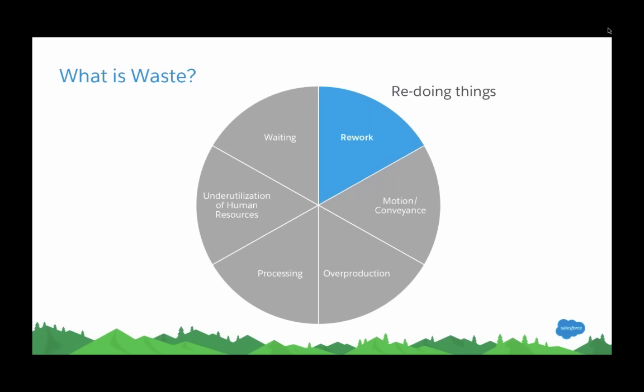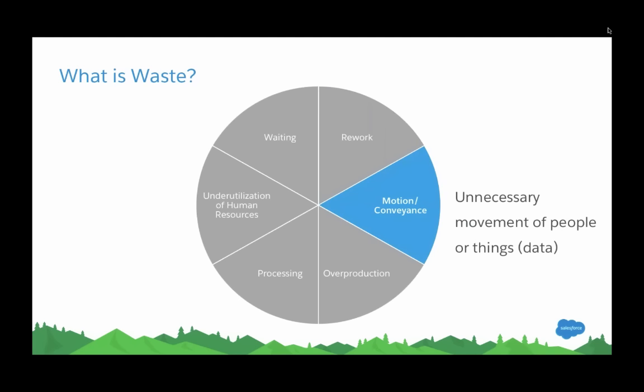Next up, we've got motion and conveyance. This is unnecessary movement of people or things such as data, right? So that's motion and conveyance. Physically moving things from point A to point B, or perhaps we're talking about a scenario where you're moving data from point A to point B when it's inevitably going to end up over at point C anyways, right?